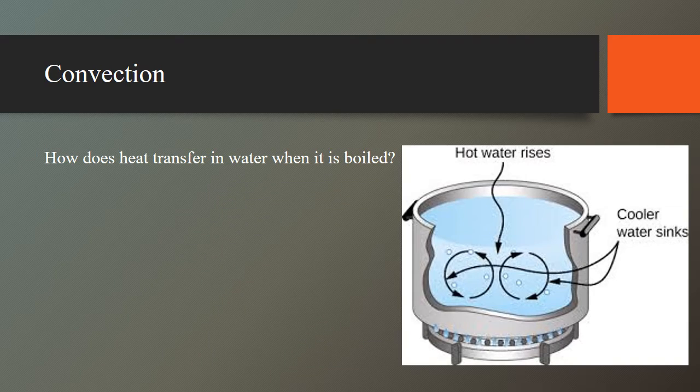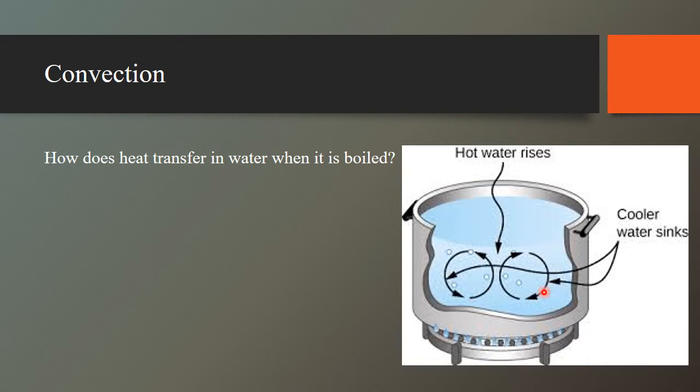What happens is that the heat from the stove warms the water that is close to the stove, and this warm water rises because it is less dense as compared to the cold water that is still at the surface. Now this warm water rises and the cooler water sinks.